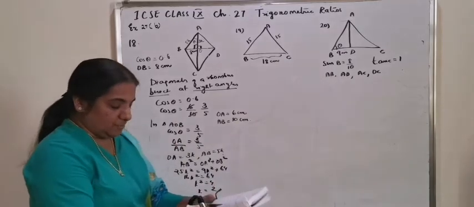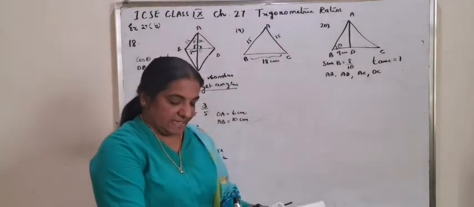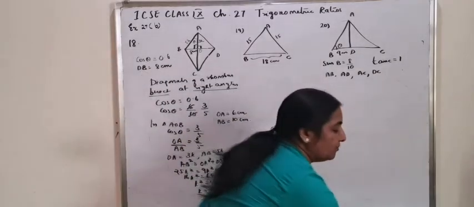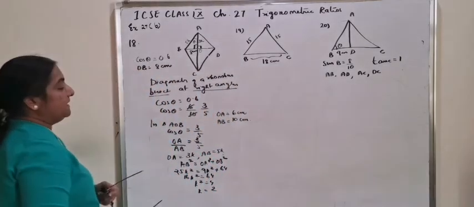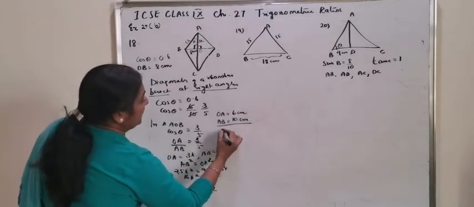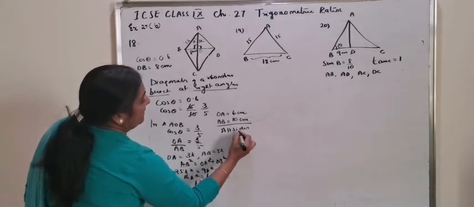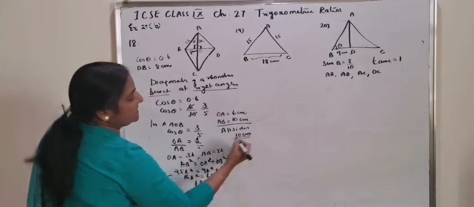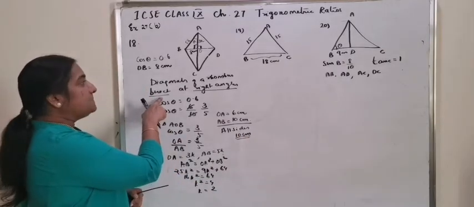Now they are asking you to find the length of the side and diagonals of the rhombus. The length of the side. If you know the side AB as 10 centimeter, all sides will measure 10 centimeter. Then the word diagonals bisect.